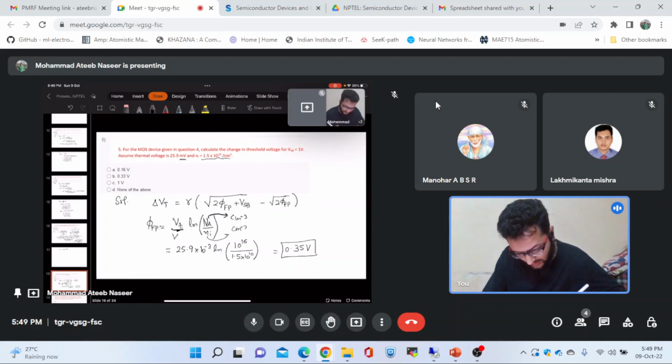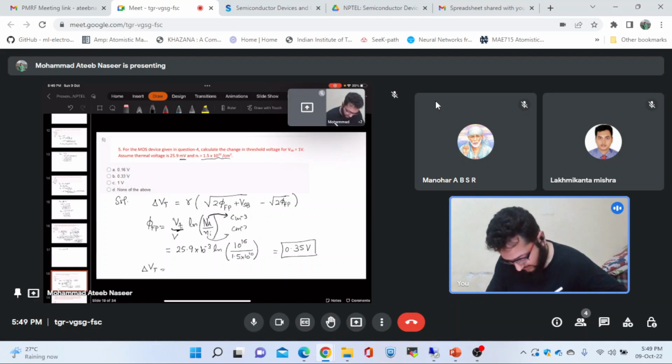Now we have seen this phi Fp, we have seen this gamma value. We can substitute these values over here and calculate this delta Vt, that is the threshold voltage shift.